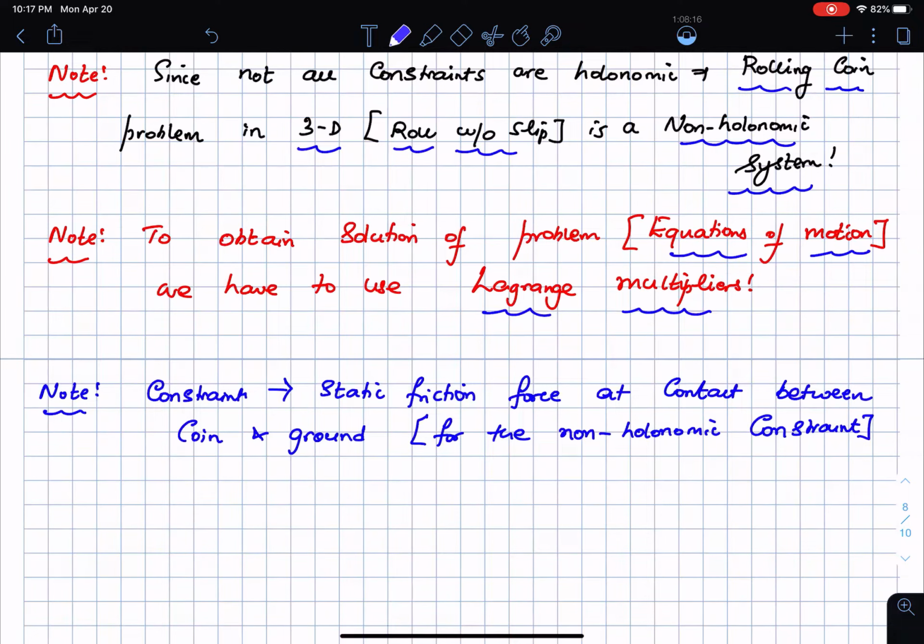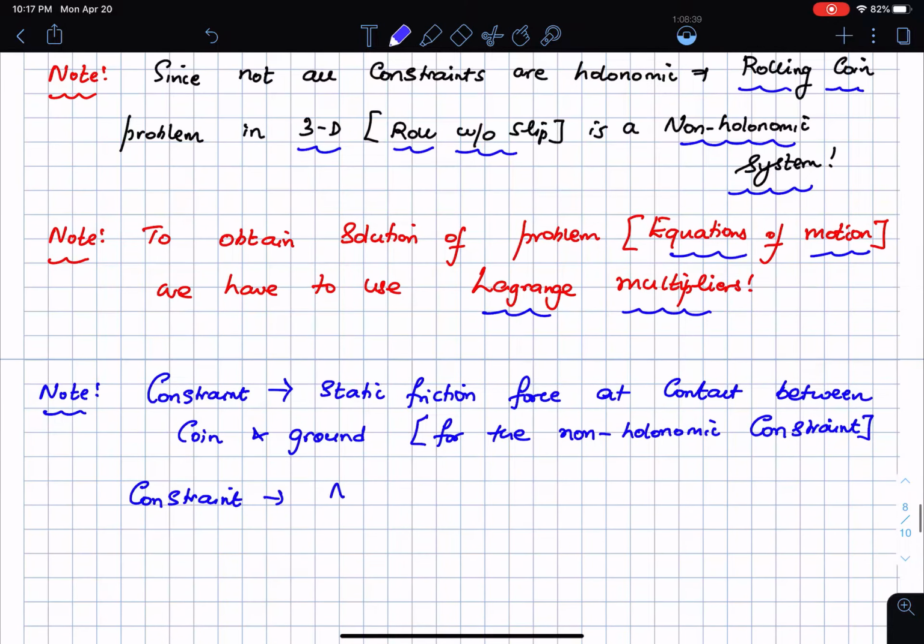Let me rewrite this, it doesn't look too great to me. The constraint, the static friction force, is the contact force for the non-holonomic constraints. And for the holonomic constraint, it is the normal force between the coin and the ground.